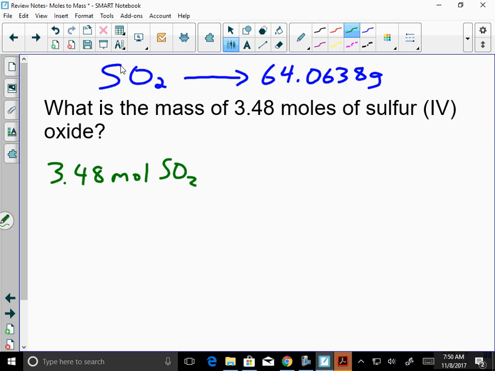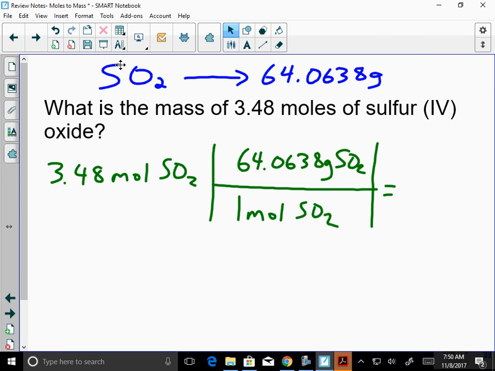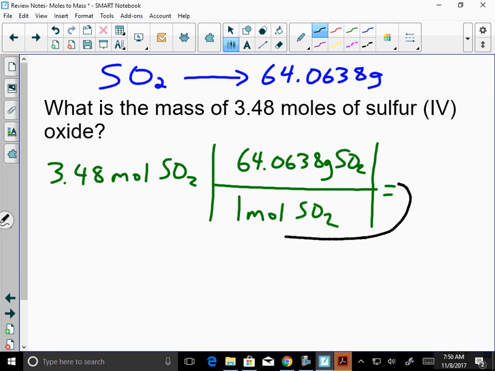So that tells me that my conversion box needs to have 1 mole of sulfur dioxide on the bottom, and I'm going to have the molar mass, 64.0638 grams sulfur dioxide on the top. I do my math, draw my arrow to where I'm bringing my answer down to.